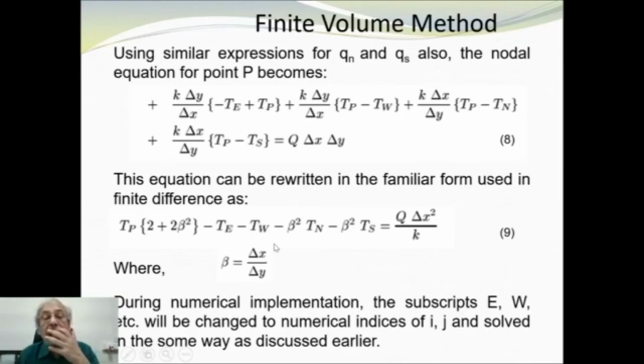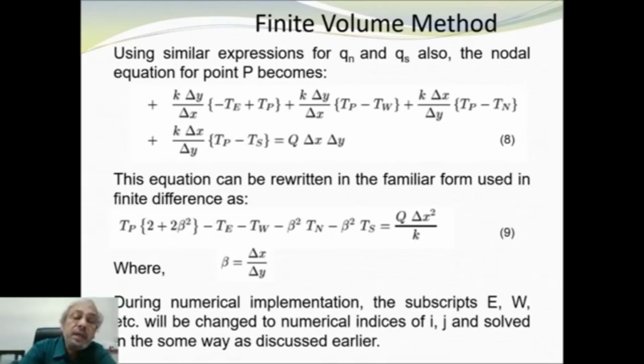So TP means Tij, TE means Ti plus 1,j, TW is Ti minus 1,j, TN is Ti,j plus 1, and TS is Ti,j minus 1. So we get an algebraic equation, exactly what we got following the finite difference method, if you recall.